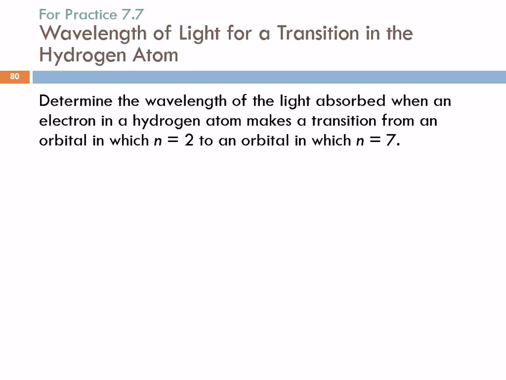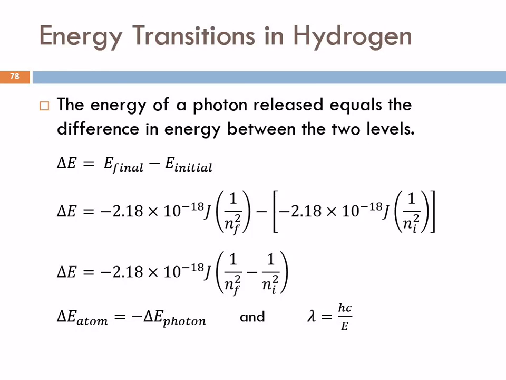So, determine the wavelength of the light absorbed when an electron in a hydrogen atom makes a transition from an orbital in which n equals 2 to an orbital in which n equals 7. So n equals 2 and n equals 7. Which is the initial? 2. From 2 to 7, so 7 is final. And then we need that equation, this guy right here.